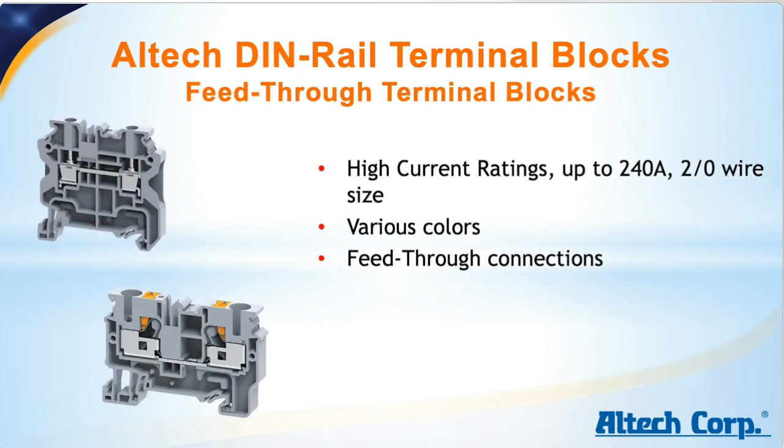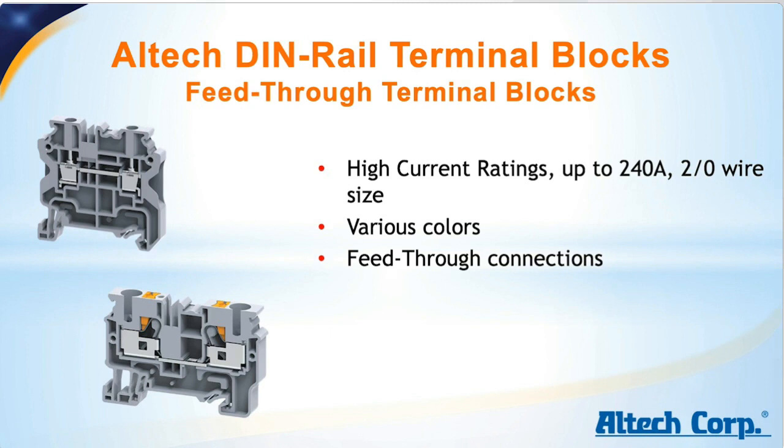So the original and still most commonly used terminal block is called a feed-through terminal block. That is used for connecting incoming wires, for example, into a panel and then distributed within the panel.